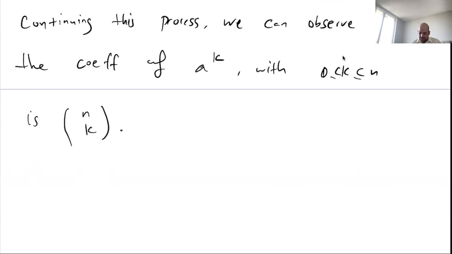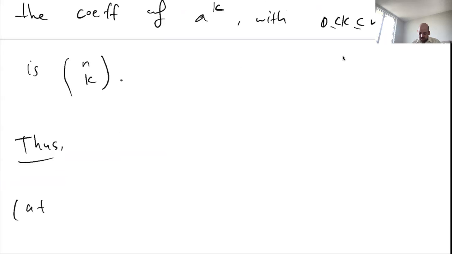So what will be the identity for a plus b to power n? It will be n choose n times a to power n plus n choose n minus 1 times, okay, I should have said, the coefficient of a to power n minus 1 times b.